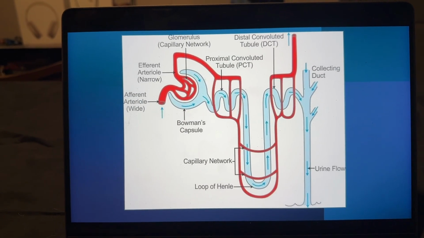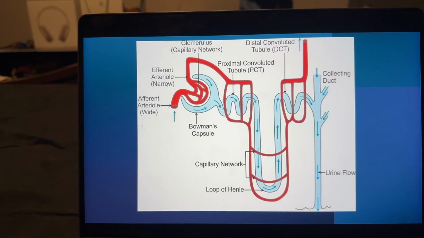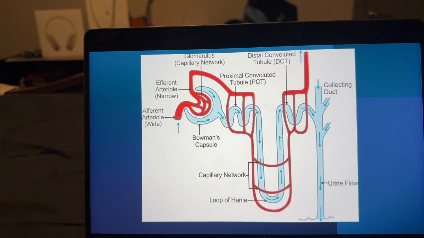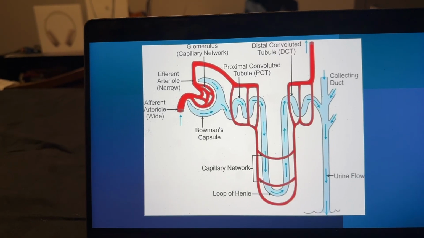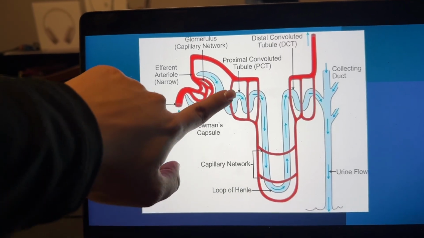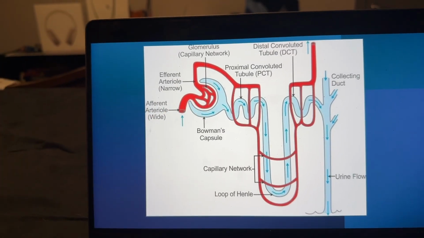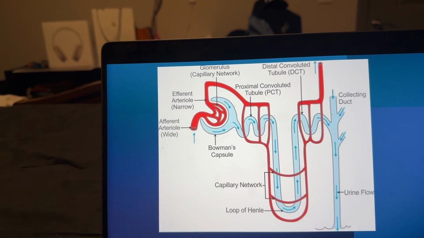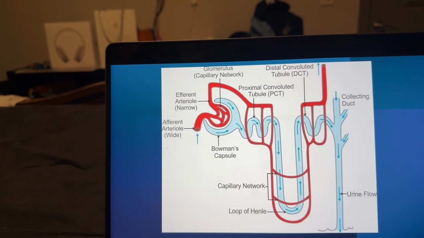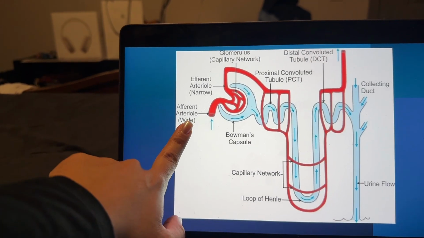Now we're looking at the nephron, starting with the renal corpuscle, the glomerulus here, which is like a spaghetti straightener, and the Bowman's capsule right here, which is like the sink. So glomerulus is a cluster of capillaries that receive blood from the afferent arteriole right here.